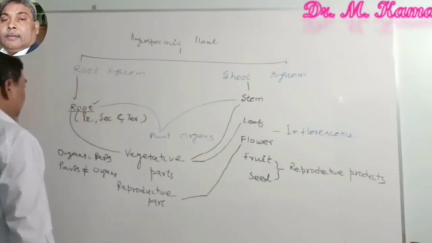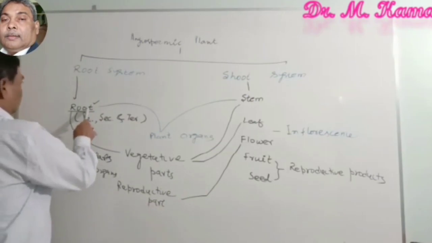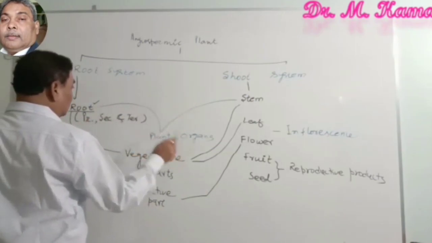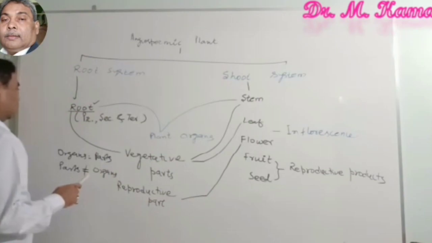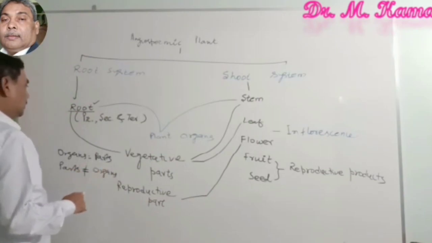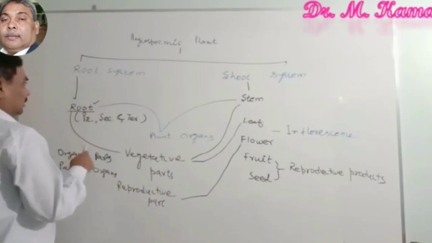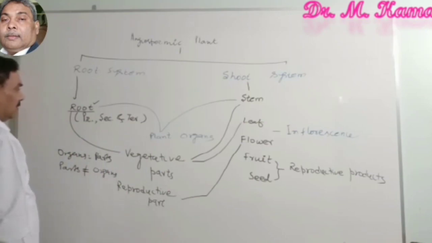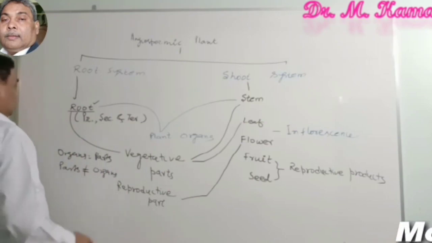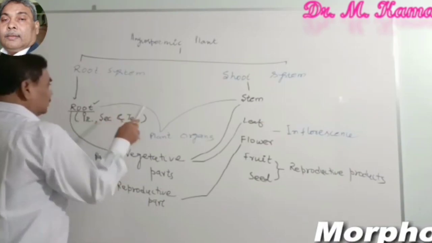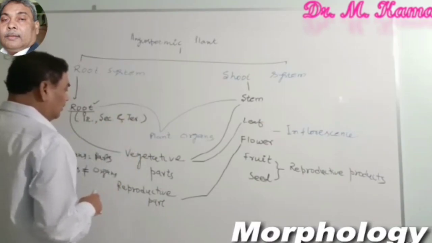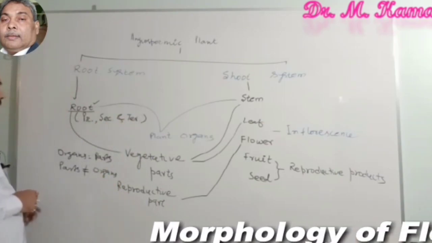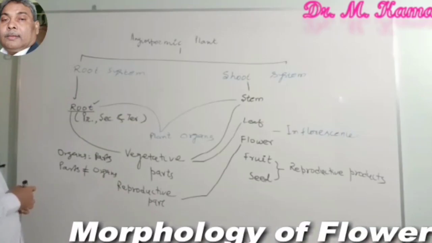Out of these plant parts, root and stem are plant organs, as they have their own embryonic initials, that is radicle and plumule respectively. Root, stem and leaves are vegetative parts as they pertain growth.